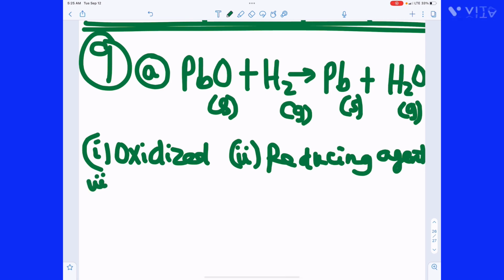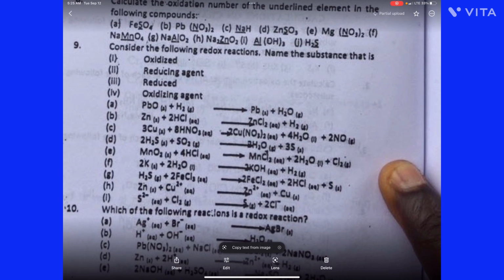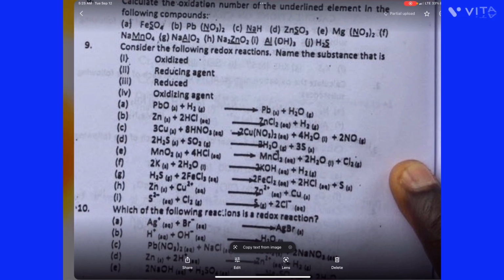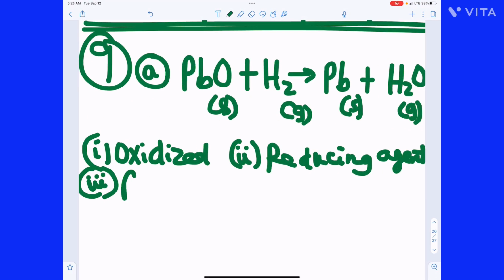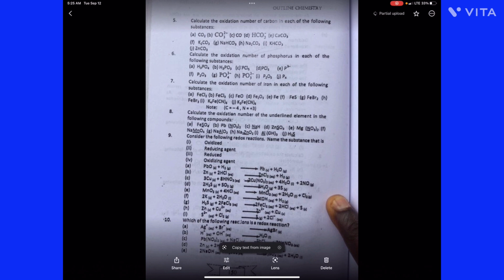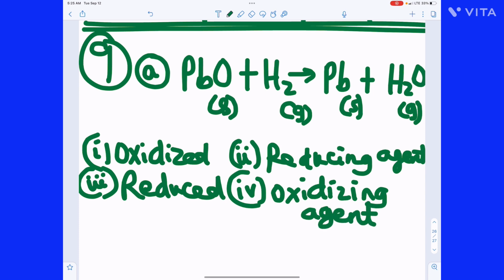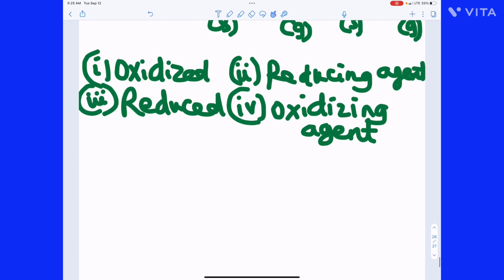It also says we should find what substance is reduced, and also find the oxidizing agent. This is very simple. Let's just take it one after the other.